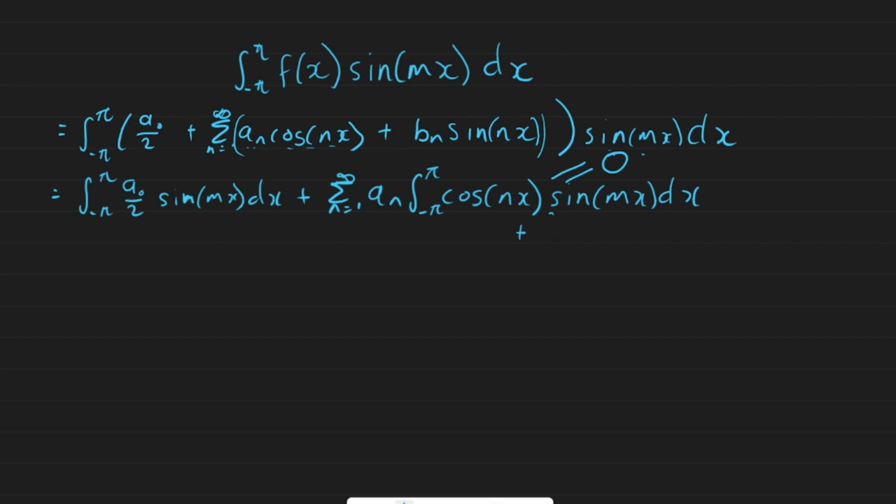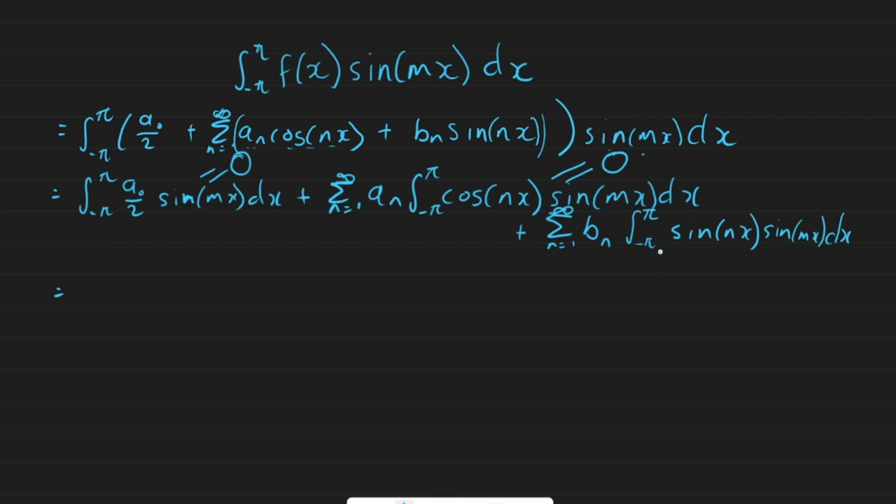And then the last term is the sum, and we have bn, and we have the integral of sine nx and sine mx. It's exactly the same. So this first term also gives us 0 because of the sine mx here.